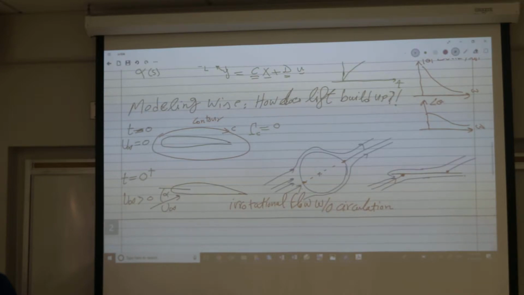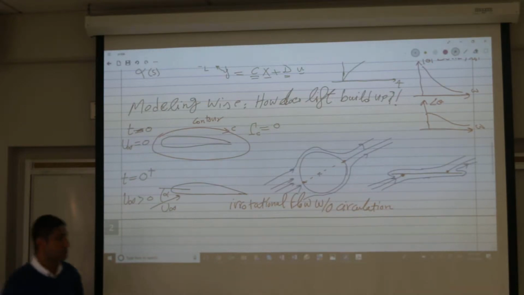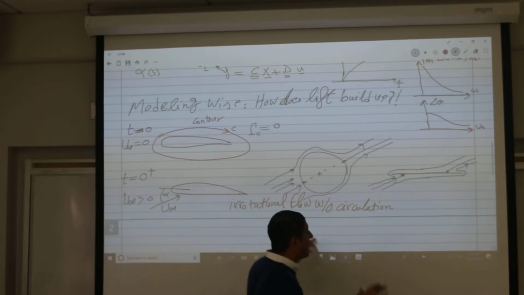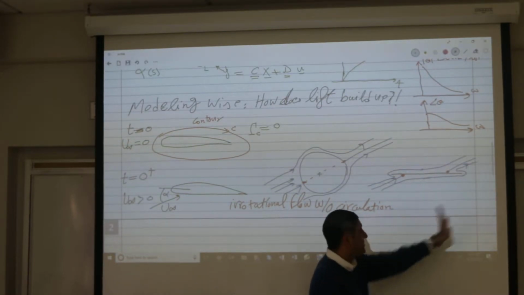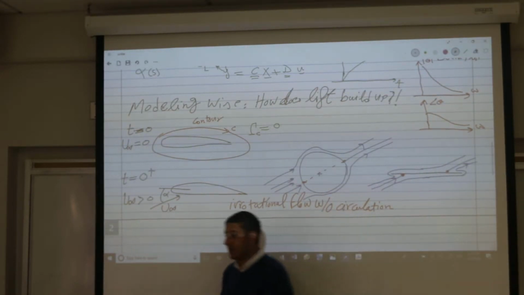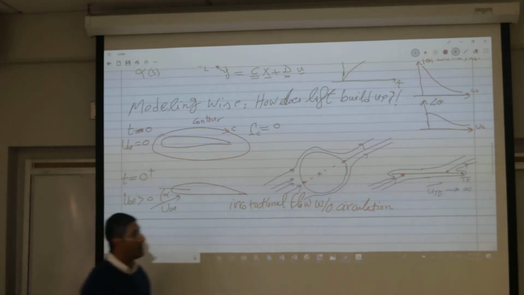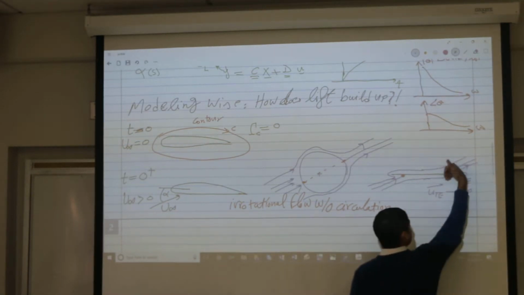Sharp edge, the flow will rotate around the sharp edge, correct? If you have no circulation and the stagnation point at the upper surface, the flow will rotate. And I have a sharp edge. If the flow rotates at the sharp edge, what happens to the velocity at the trailing edge? Yes, it goes to infinity. So it's a very large velocity at the beginning, okay? And the flow rotates.